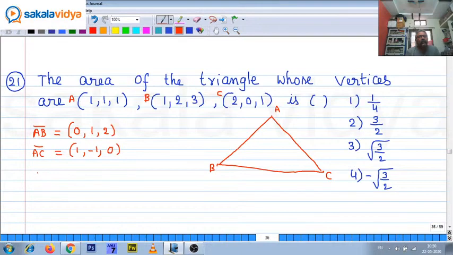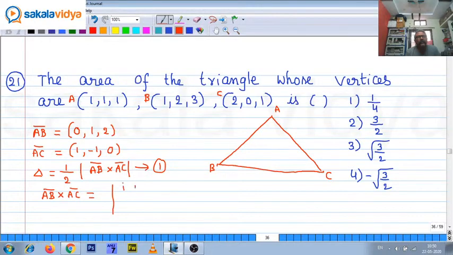Now area of the triangle delta is equal to half mod of AB cross AC. First let us find AB cross AC, equal to the determinant of i, j, k. AB components, 0, 1, 2, become the second row.